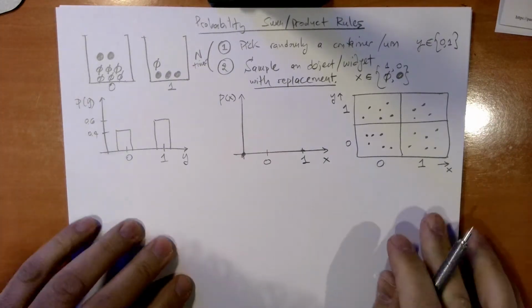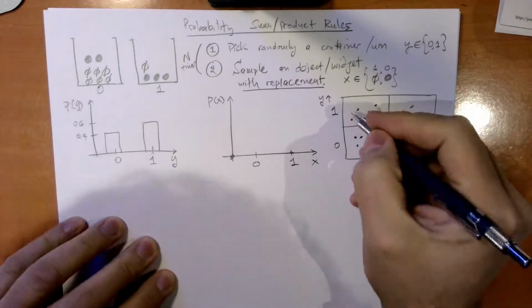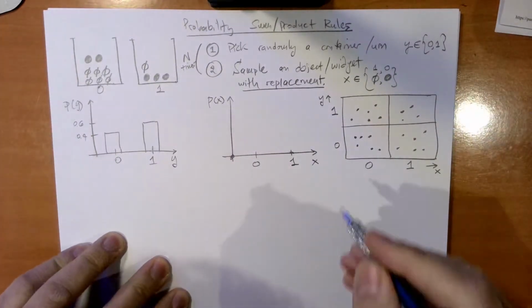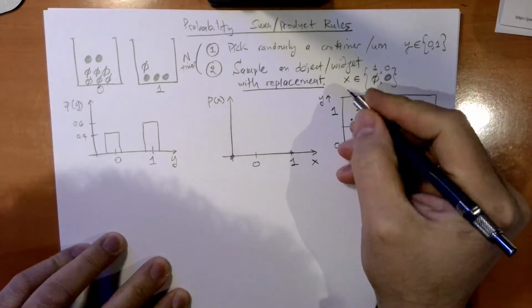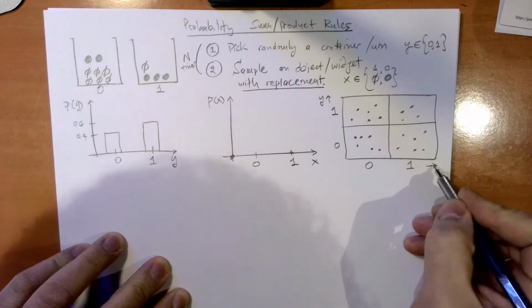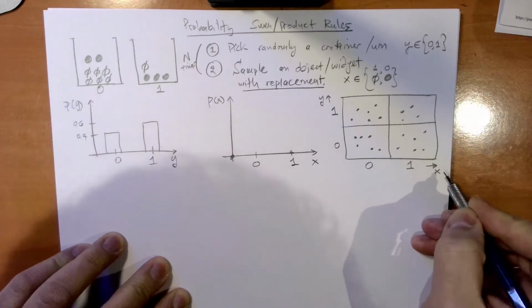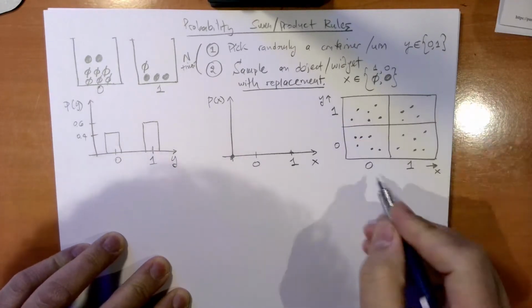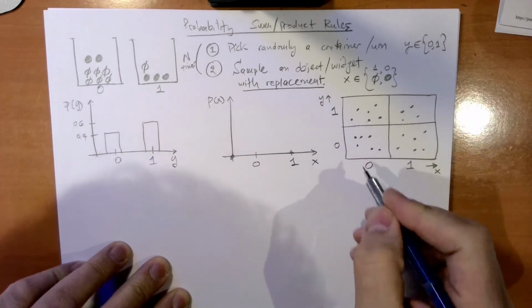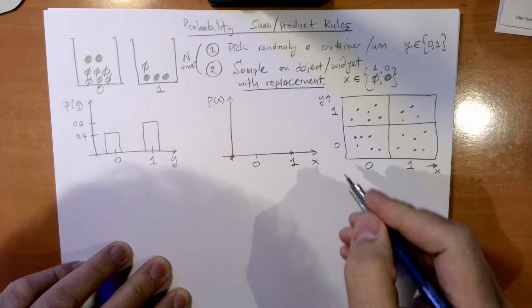If we count the number of events that fall in each of these quadrants, let's call them n, related to x and y. The first index will be the x, and the second index will be the y.